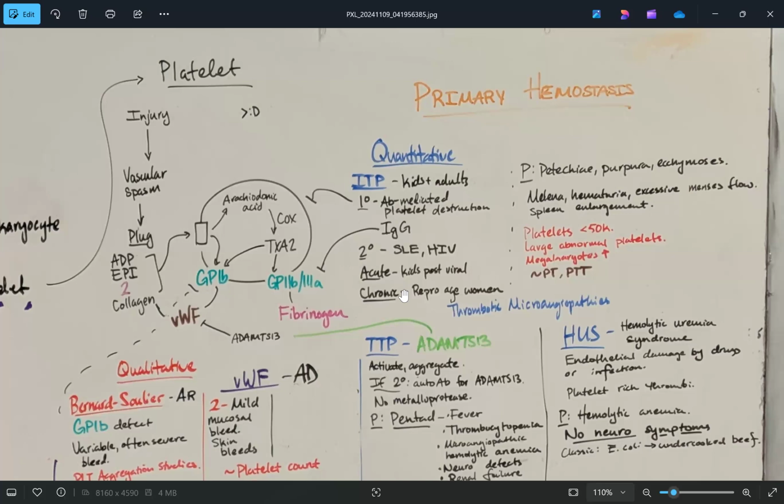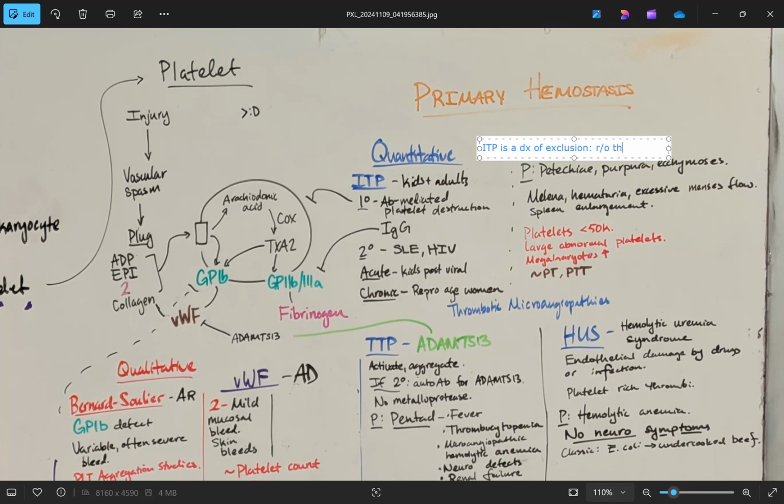Secondary will be due to lupus or HIV. Going back to the primary, you'll have IgGs that will bind generally and destroy cells based off of the GP2B and 3A protein, which tackles the fibrosis.